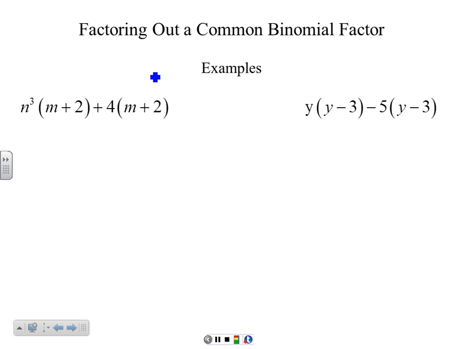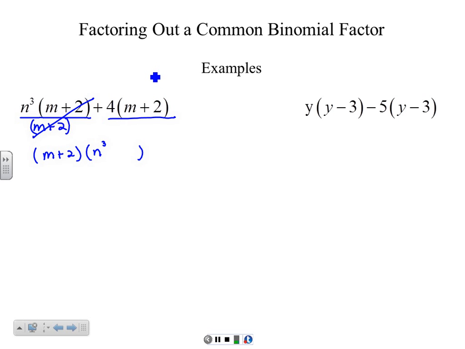So just like with the monomial factor, this time I'm going to factor out a binomial factor that's in common, which is going to be m plus 2. Now, remember, you're making a multiplication problem, so I know I'm going to need another set of parentheses. So watch, if I divide this term by m plus 2, that's going to go away, leaving me with n to the third.